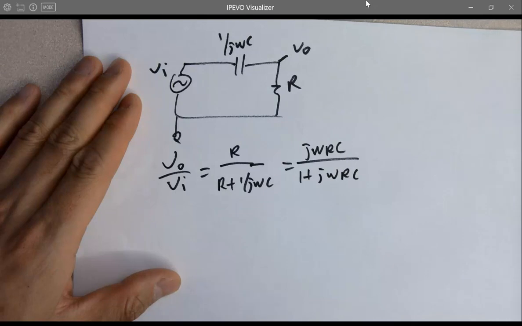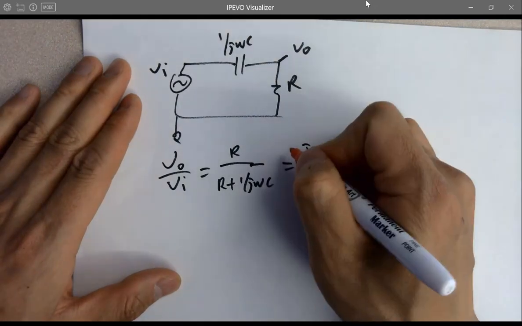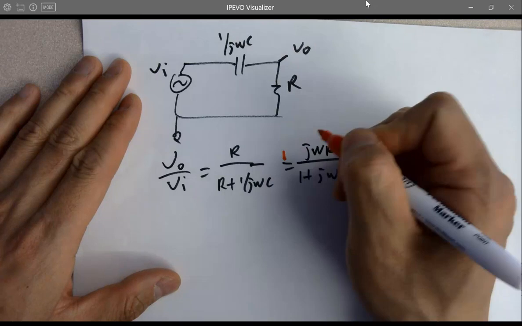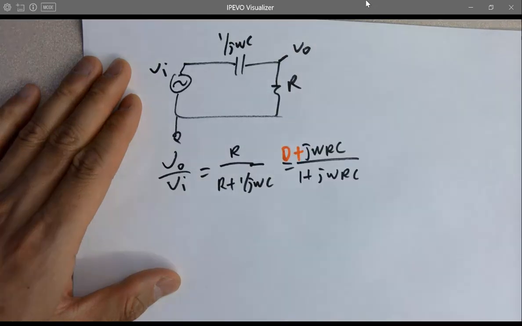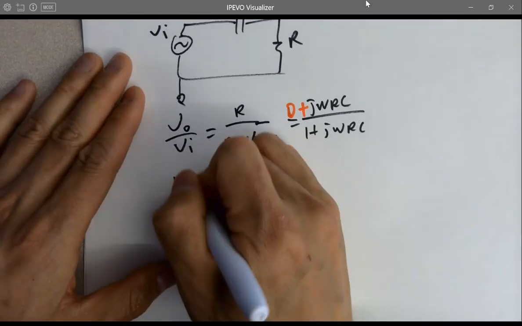And you know that the real part of the numerator is 0, right? So for the amplitude, it's not affecting anything.